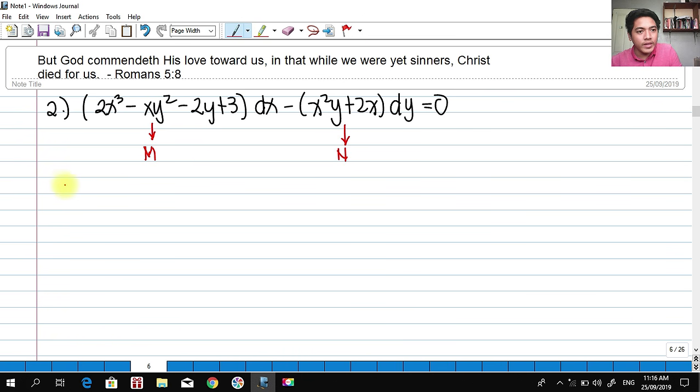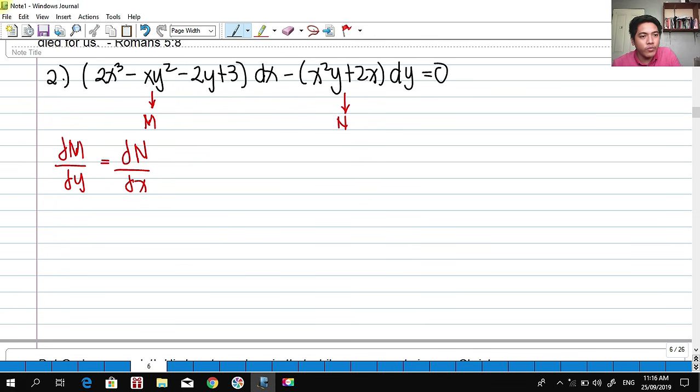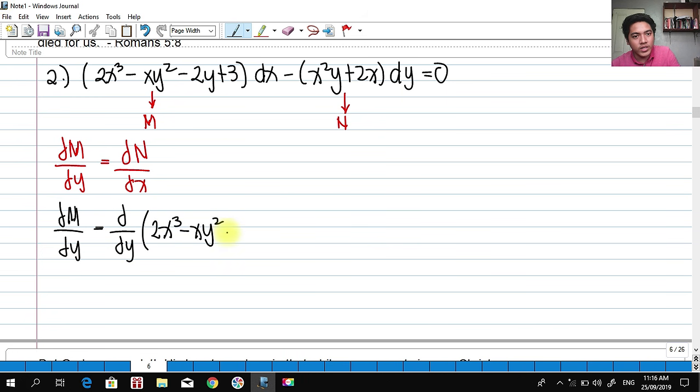So upon performing the test of exactness, partial of M with respect to y should be equal to partial of N with respect to x. So we shall perform that. Partial of M with respect to y: this should be the partial of the function M with respect to y, which is 2x cubed minus xy squared minus 2y plus 3.